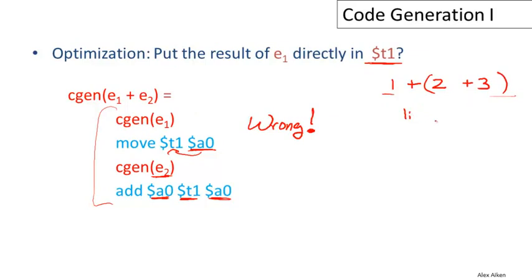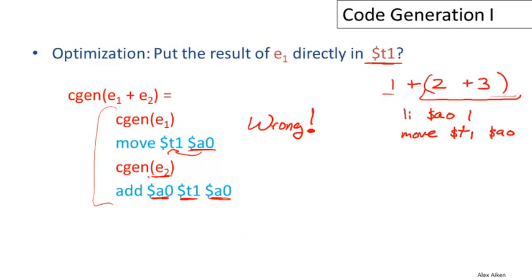The code for E1 will be a load immediate into A0 of the number 1. Okay, and then we'll have the move. We'll try to save that value in temporary register T1.